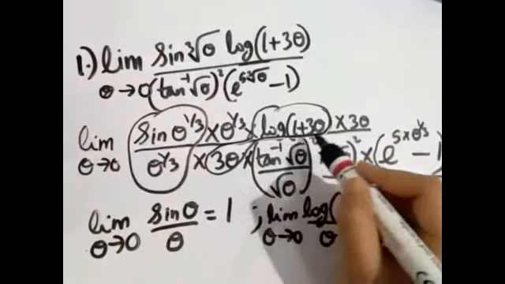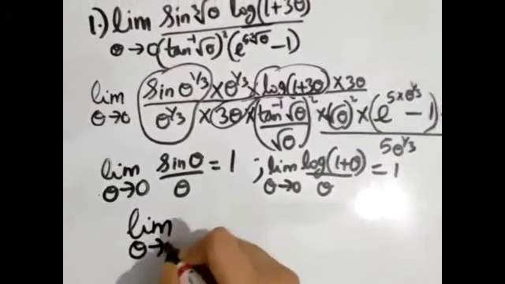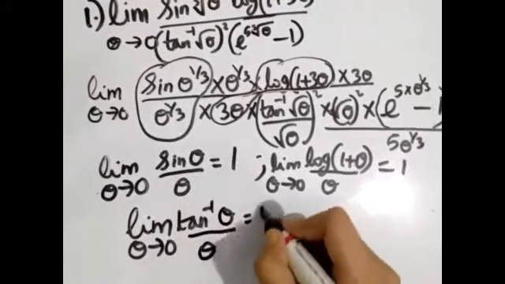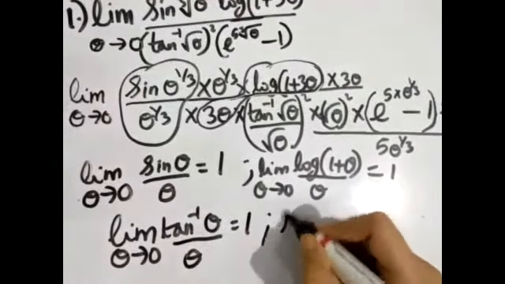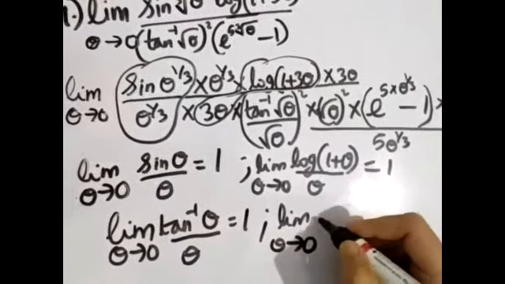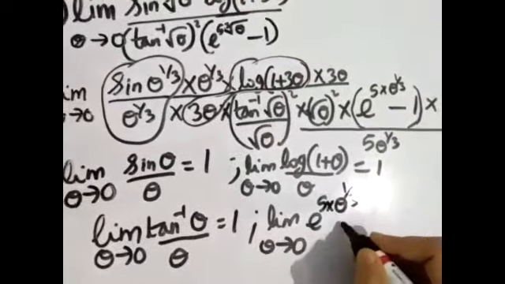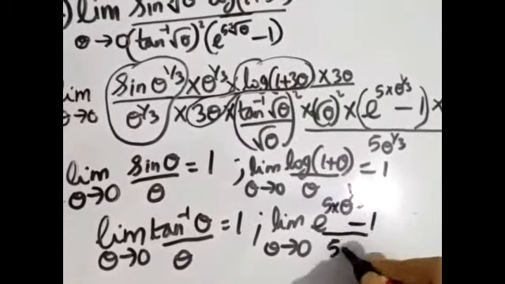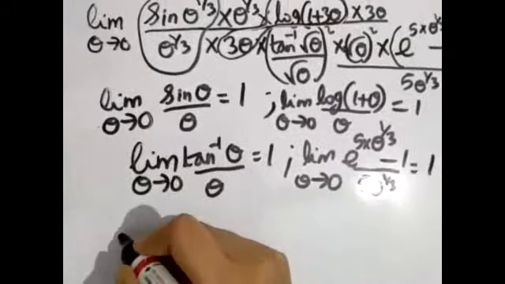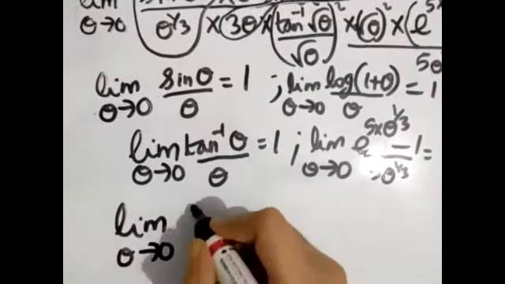And then I have another very important result: tan inverse theta by theta gives 1, and limit theta tends to 0 e raised to 5 multiplied by theta raised to 1 by 3 minus 1 by 5 theta raised to 1 by 3 is also equal to 1. So when all of that equals 1, finally I will get limit theta tends to 0 of 3 by 5.